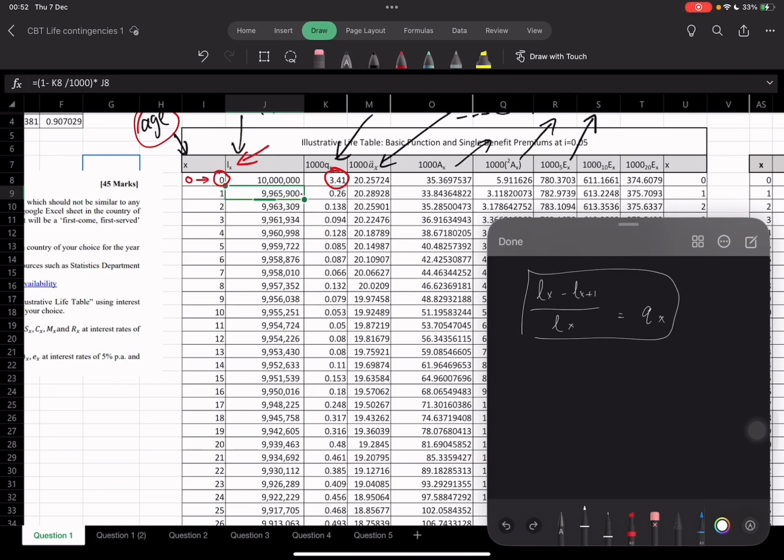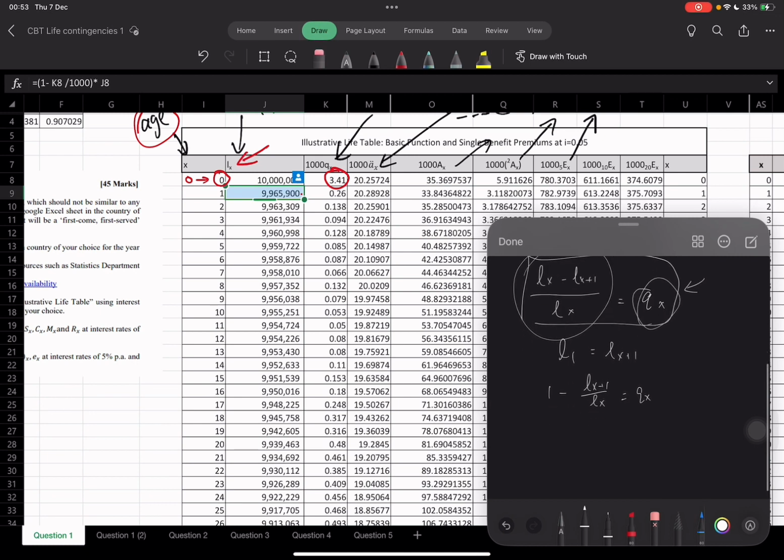As we can see from the table, we have qx, which we obtained from the Human Mortality Database website for the country of Hungary, and we can get l(x+1) with this formula.